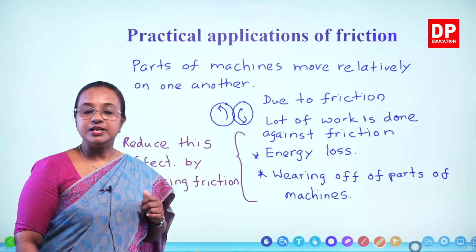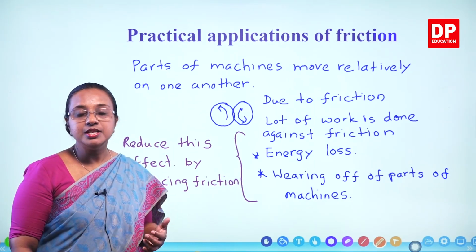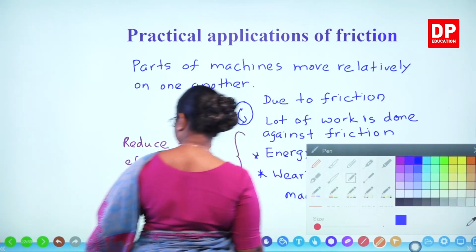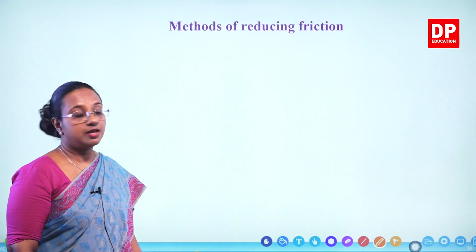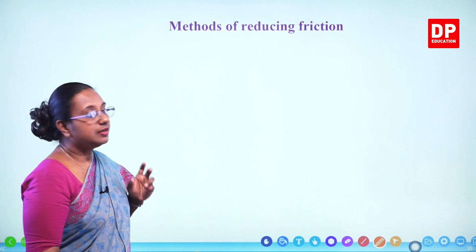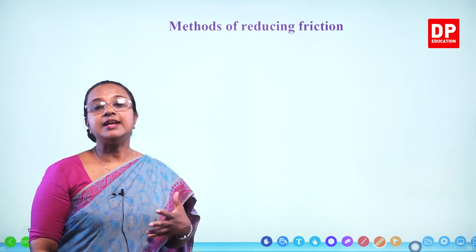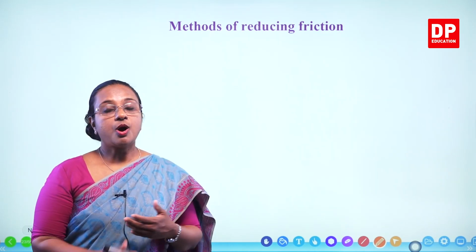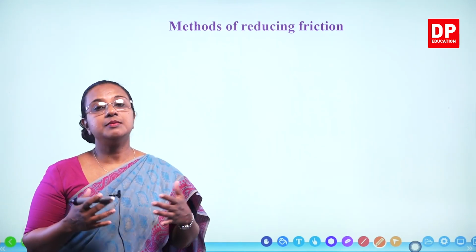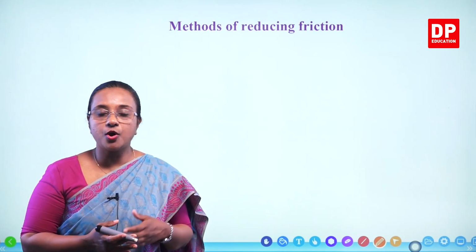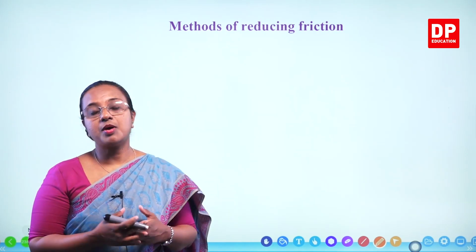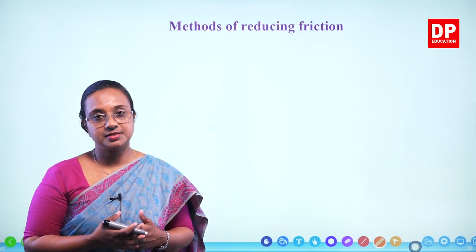So let us now discuss how we can reduce friction. Methods of reducing friction. Here we know the factors that affect friction. If we can change the factors... Obviously, we can't change the perpendicular reaction or the normal reaction of an object because we have to have the same object for a certain purpose.